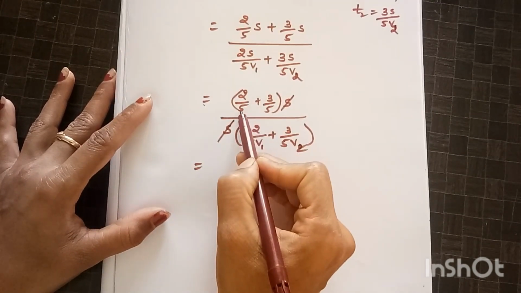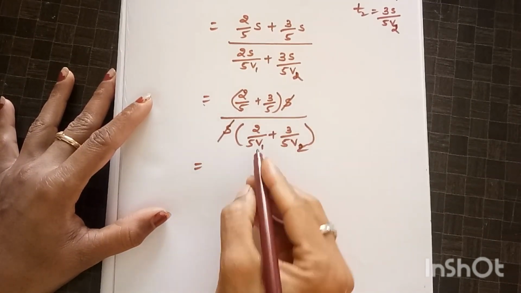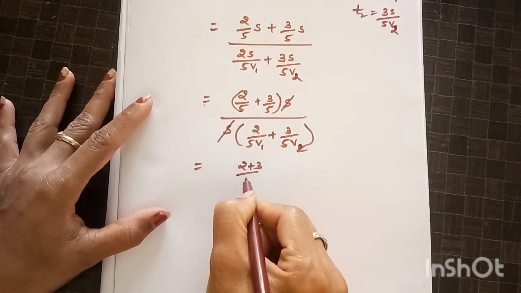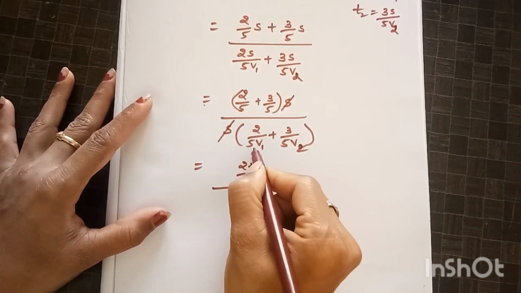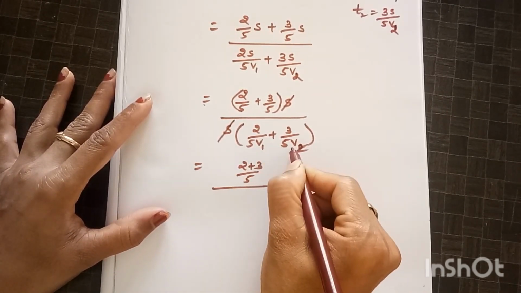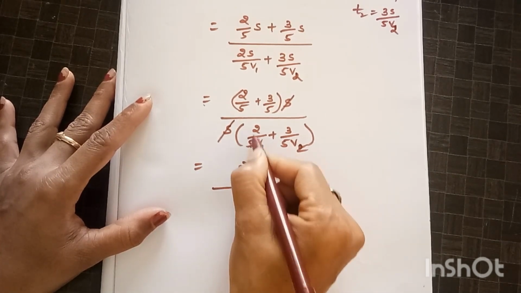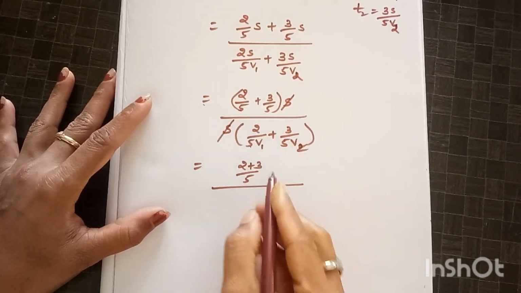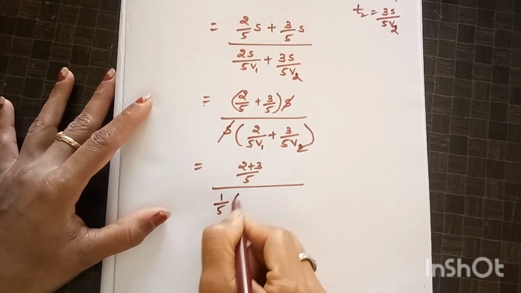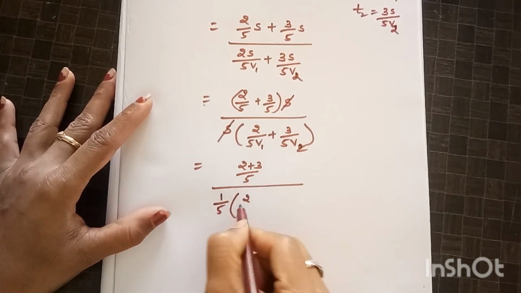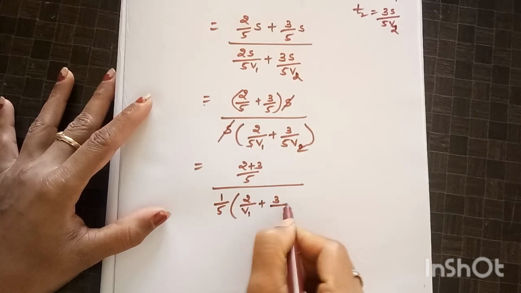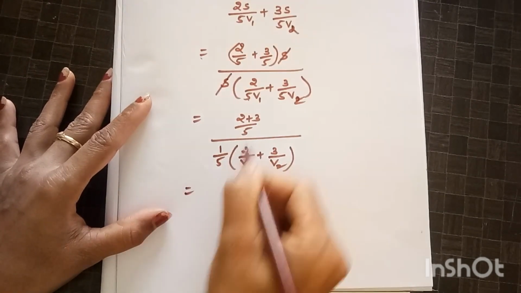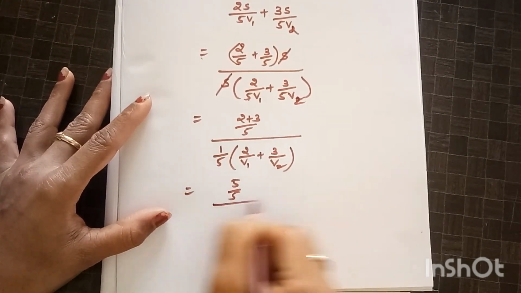In the numerator, 2/5 plus 3/5 gives 5/5. In the denominator you have the common term 1/5, so take 1/5 as common: 2/v1 plus 3/v2.